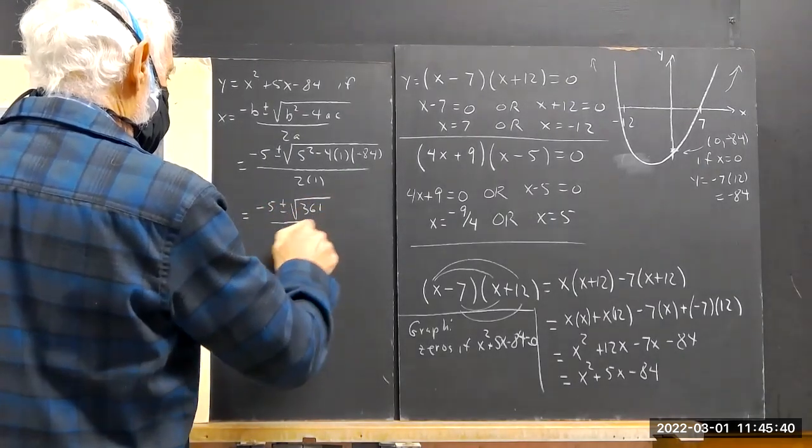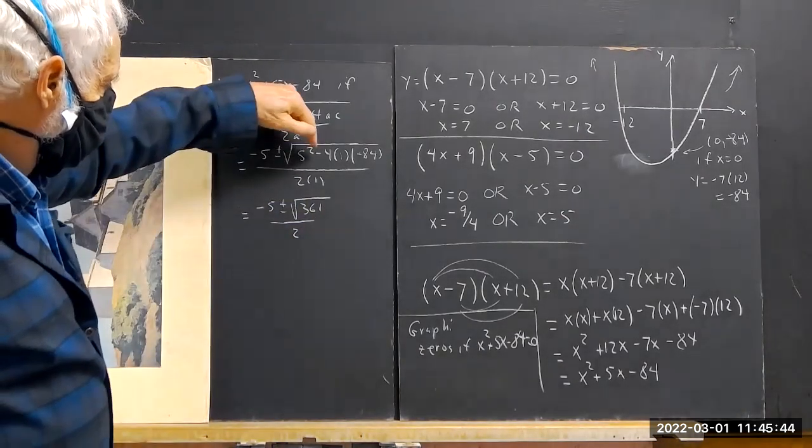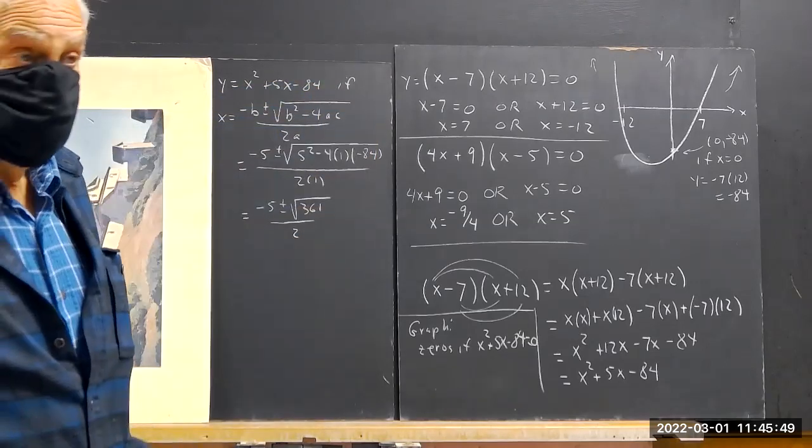I'm not going to write out all the steps to do this. If you're careful, you do have to watch out for the negative of the negative, right? It's really easy to get the sign wrong here.